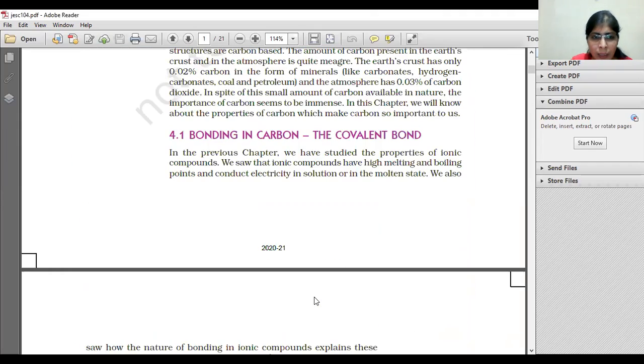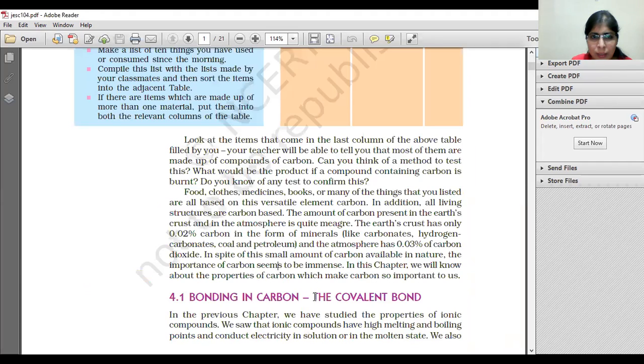Then we study a little bit about the amount of carbon present in the earth's crust and the atmosphere, which is quite small. There is only 0.02% carbon in the earth's crust, in the form of minerals. Carbon is not present individually everywhere, but in other forms like carbonates and carbon dioxide.